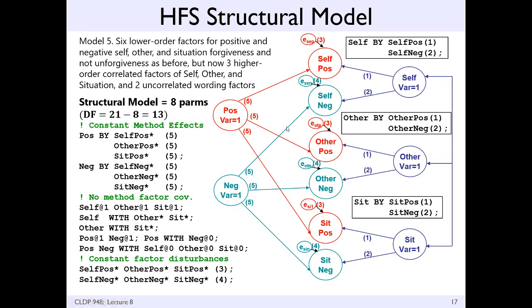So my version of this is that I wanted to say, well, the items that measure self should go onto a self factor. The items that measure other should go onto an other factor. The items that measure situation should go onto a situation factor. Seems reasonable. However, I've only got 2 of each. So to make these things identified, I have to constrain loadings. But I did so in an atypical fashion that I thought made more sense.